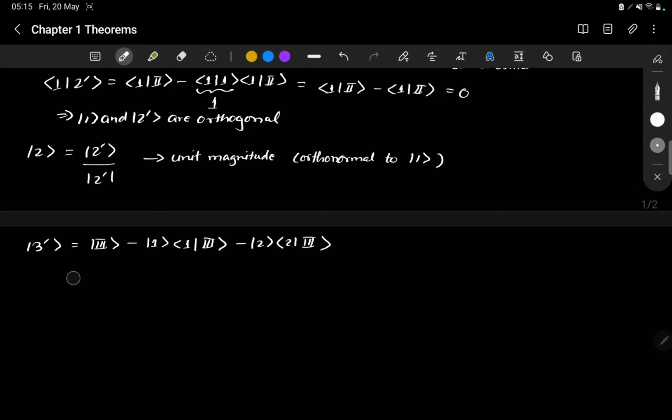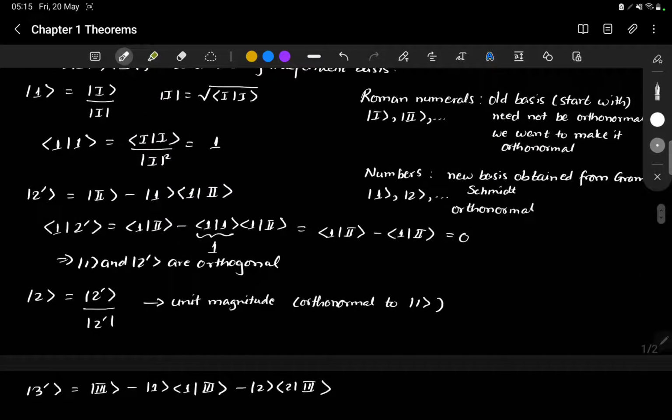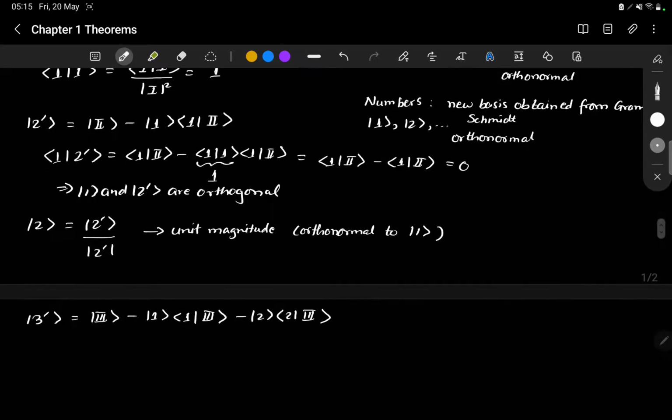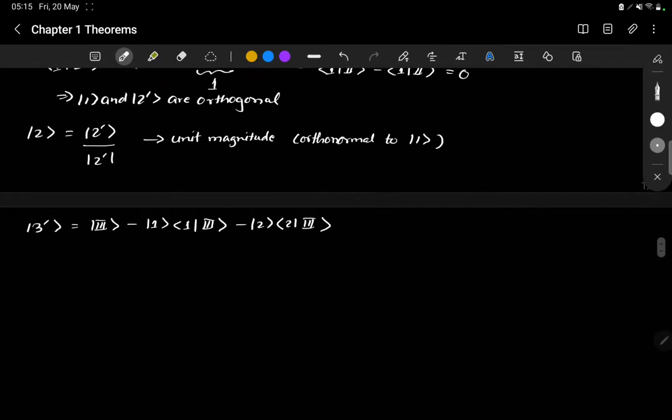Now, this 3 prime vector that we have is going to be orthogonal to both 1 and 2, and we can clearly see that. Let us try and work that out. Let us see its inner product on the first and the second one.